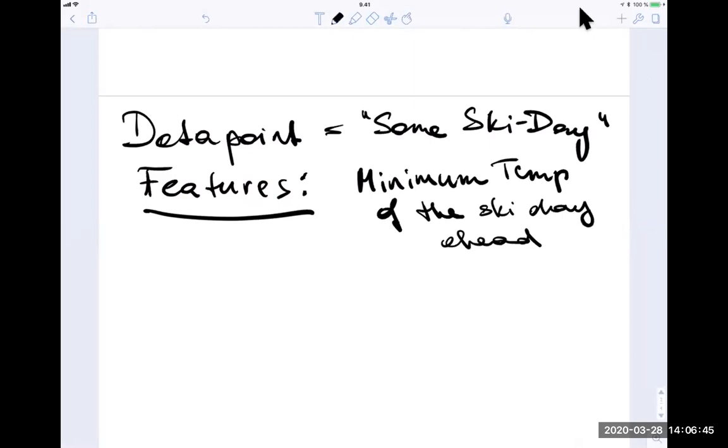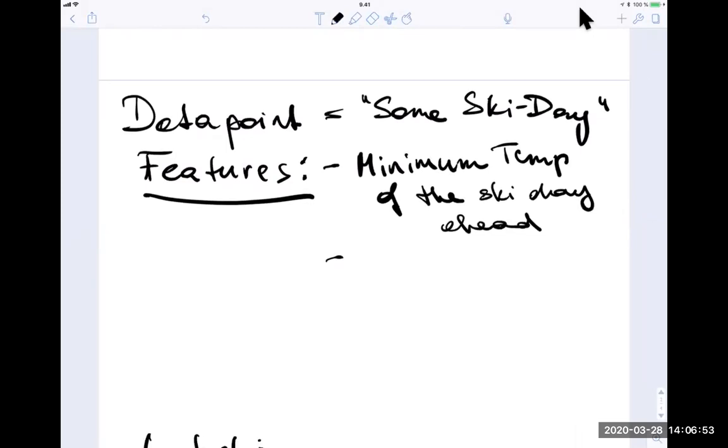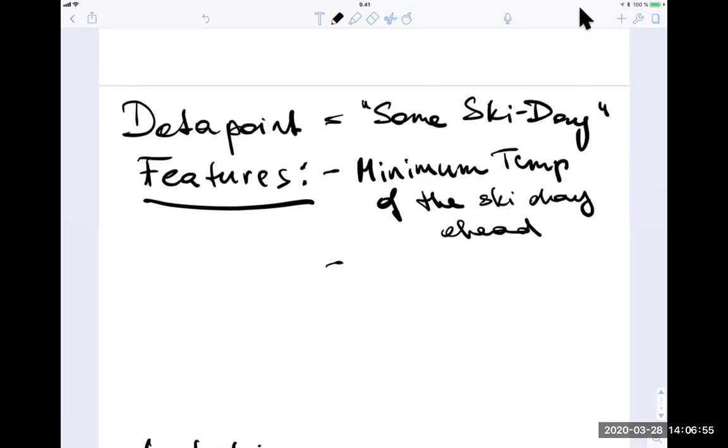What else could I use as features, as characteristics of the ski day ahead? Yeah, the current weather situation, clouds. Yes. So the snow, how much snow, depth, I could use as a feature.